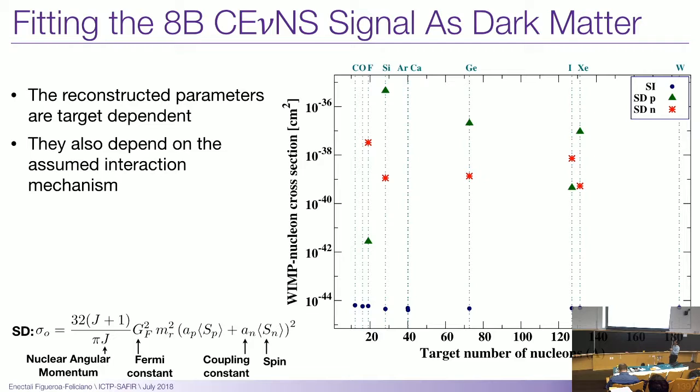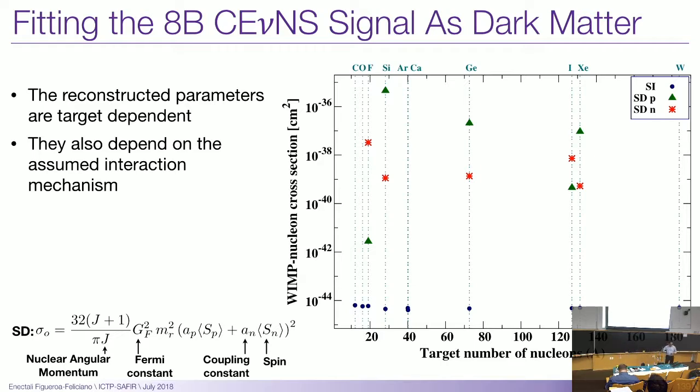These are all the points we were looking at before. Although they are slightly different in cross-section, they're all about the same in the spin-independent case. But for spin-dependent, depending on the type of interaction that you're assuming, you're going to reconstruct very different cross-sections.